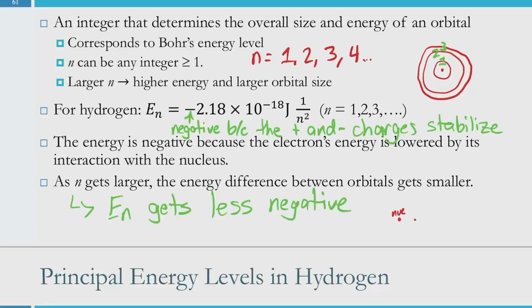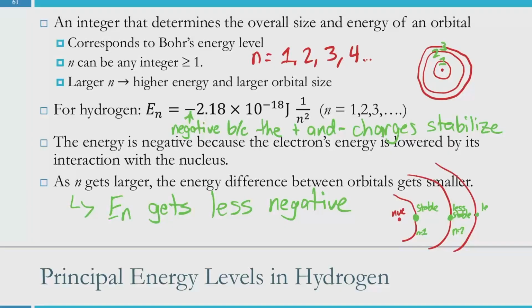So if this is our nucleus, this should get closer. If this is our most stable point, then the electron here on this n equals 2 is less stable.